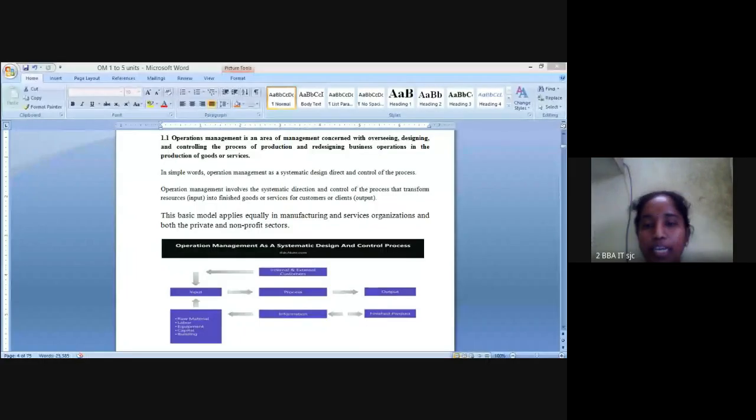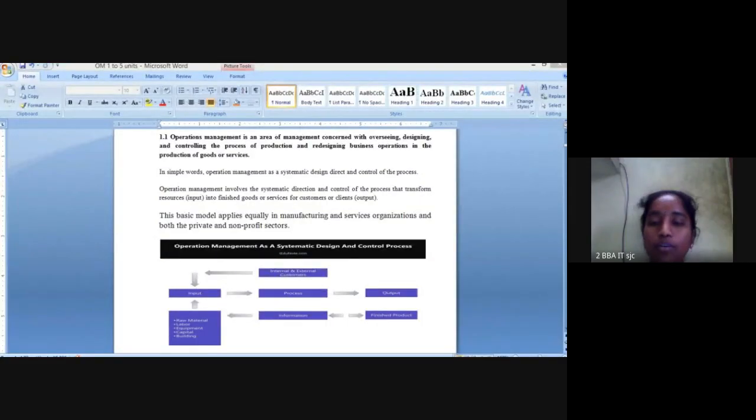The manufacturing department also comes under the HR department, and there is the research and development department. Nowadays, the research and development department plays a major role in an organization. Why? Because its duty is collecting information about customer needs and wants. What is the need of the customer? What is the want of the customer?